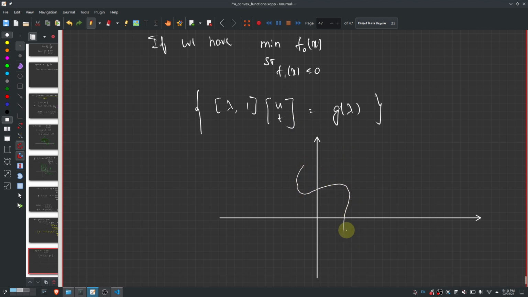So suppose this is our set. So this is my A, and G is basically this particular set.